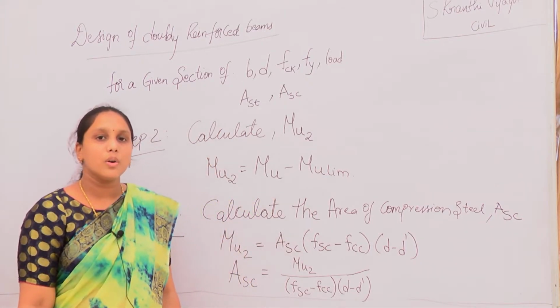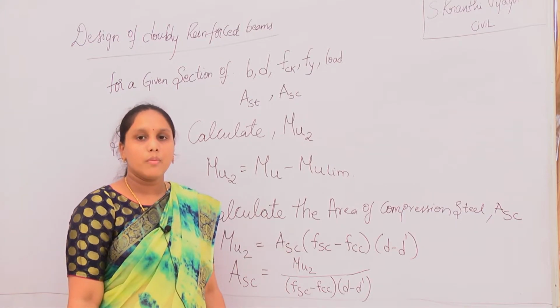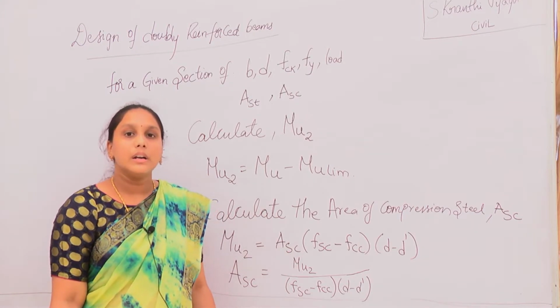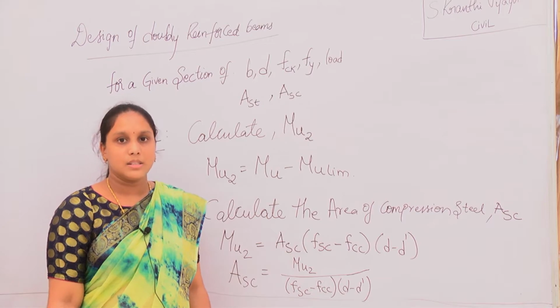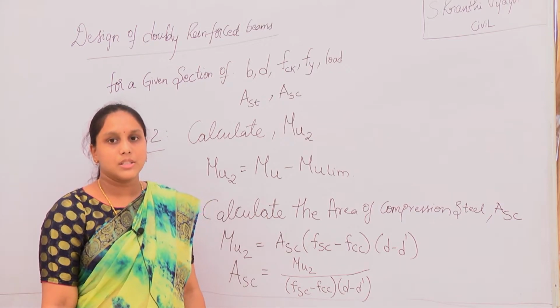After finding out the area of the compression steel, what do we have to do? We have to calculate the corresponding tensile steel, that is the Ast2.